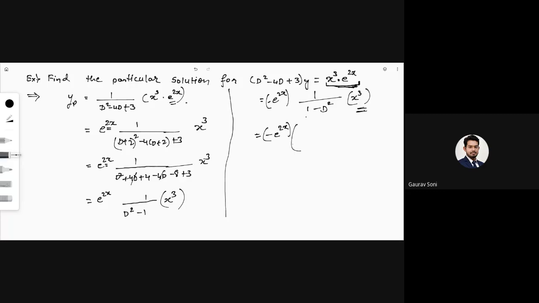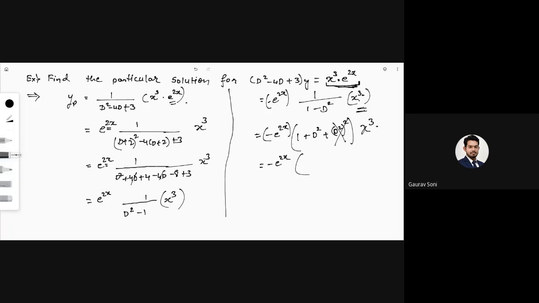It says that 1 upon 1 minus x कैसा दिखता है? 1 plus x plus x स्क्वायर। कहाँ तक जाना पड़ेगा मुझे? x क्यूब तक। ओनली पावर 3 तक जाना है, आगे का सब छोड़ देना है। So if you simplify this, what I am going to get? d raised to 4, so fourth derivative of x cube is 0.